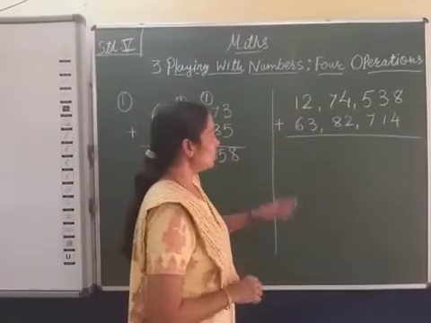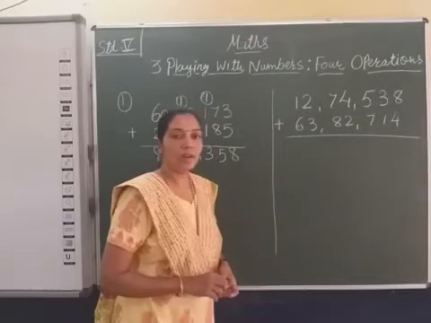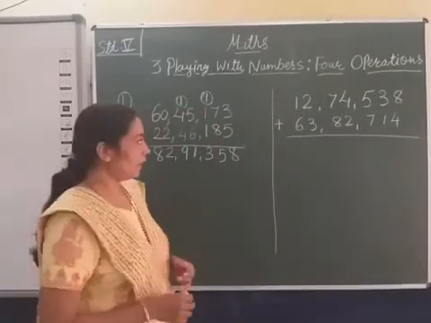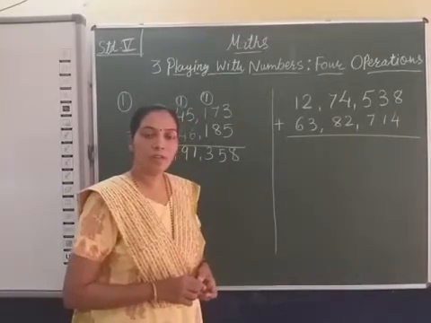Now let's see the second example. Here we read 12,74,538. We add it to the number 63,82,714.